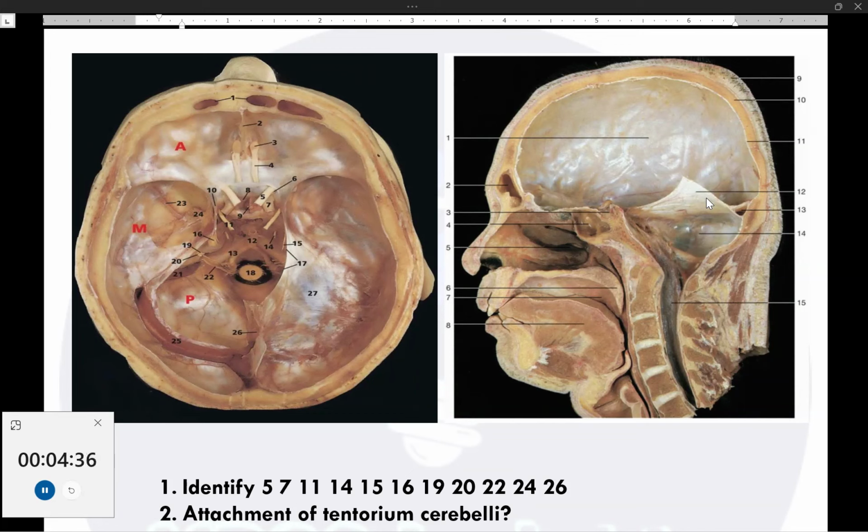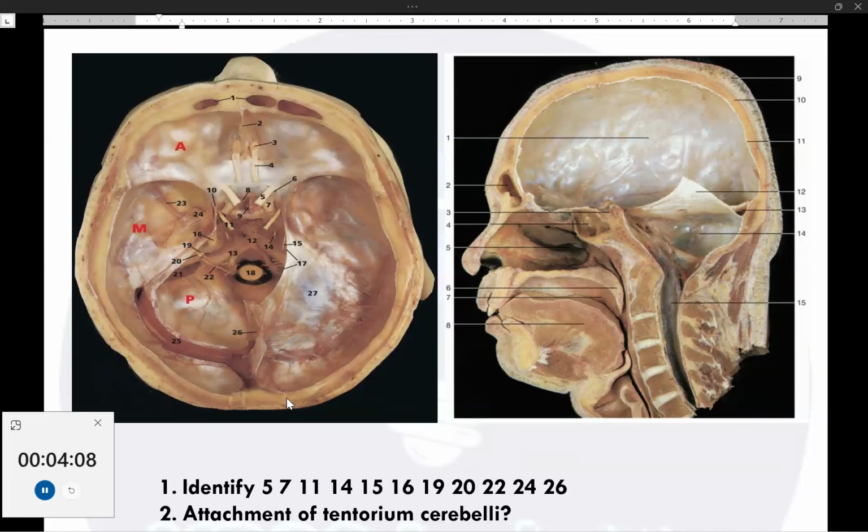Can you tell me the attachment of tentorium cerebelli? Tentorium cerebelli, in front it blends with the falx cerebri, and behind, no, in front it is attached to the petrous part of temporal bone. Yes, and behind it blends with the falx cerebri.